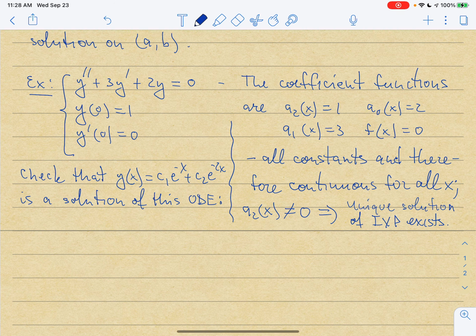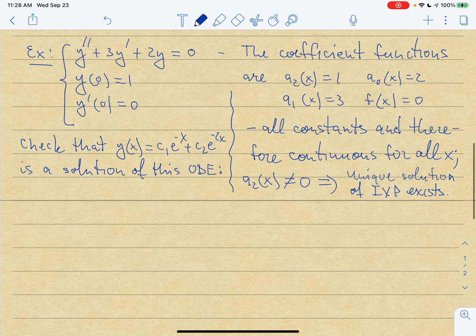We have done that before, right? That's easy to do. You just need to take the first and second derivative.